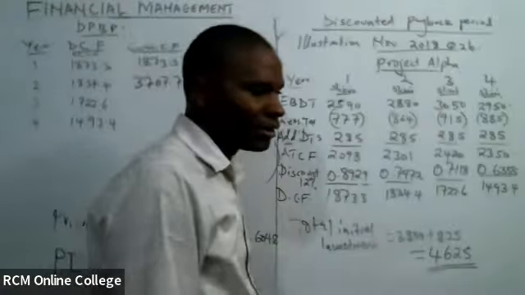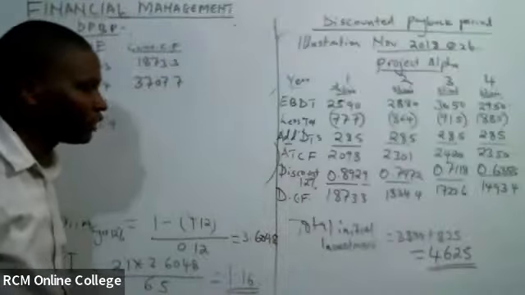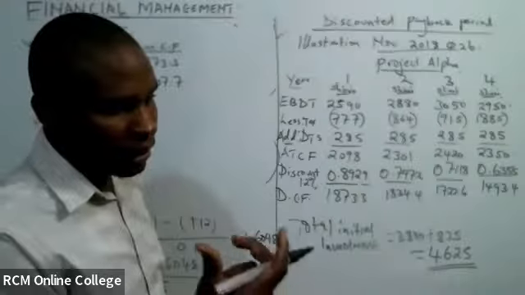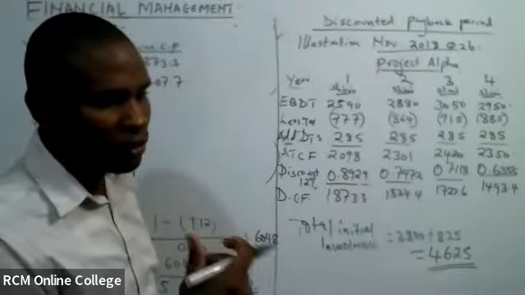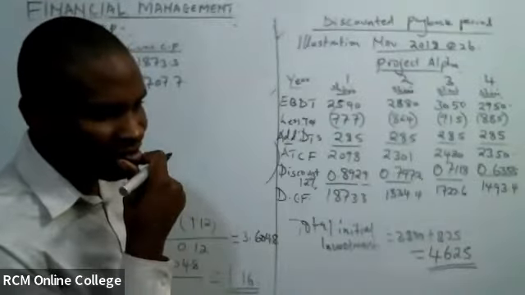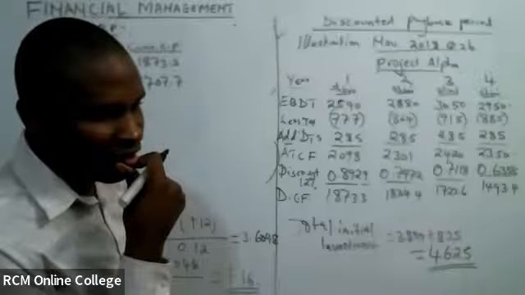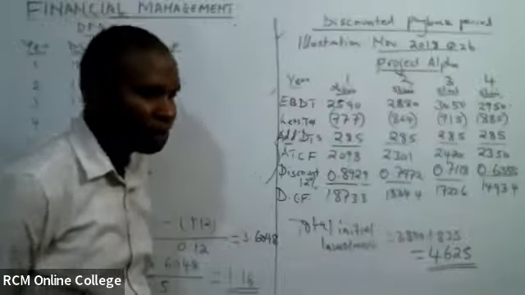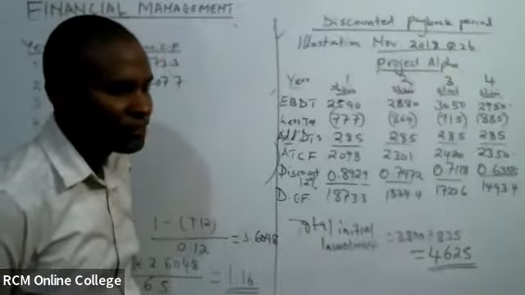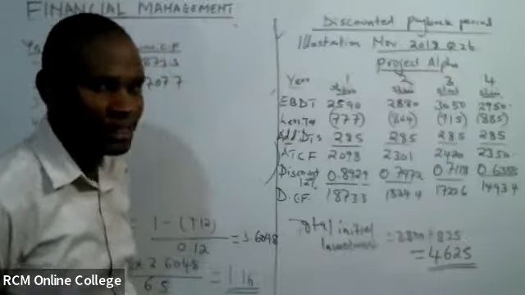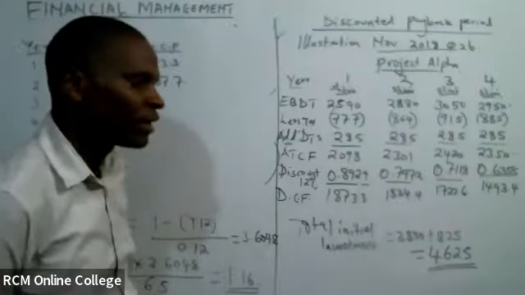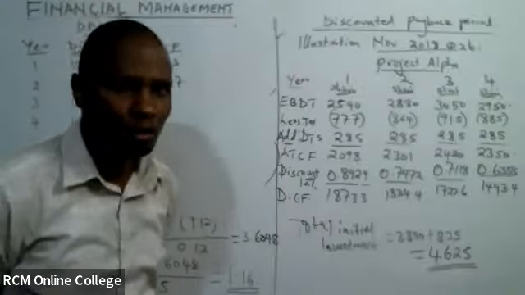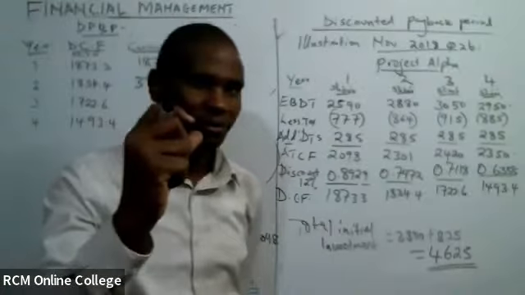We are saying that the initial investment, the initial outlay, has several components. Wait a minute. I say initial outlay has several components. One of the components is the cost of that item, right?